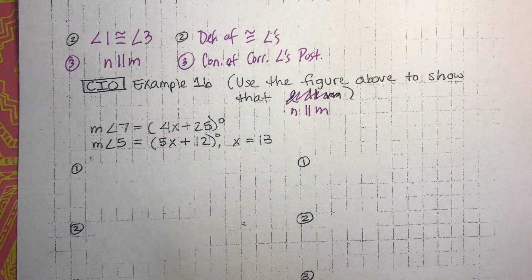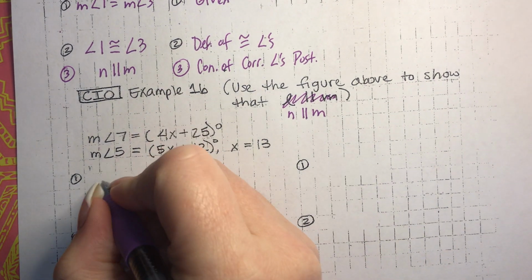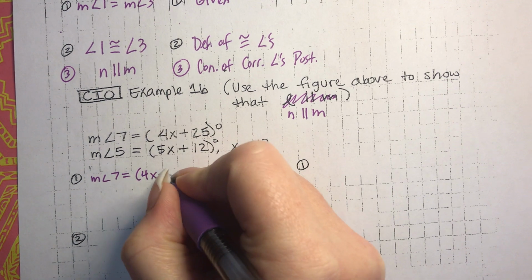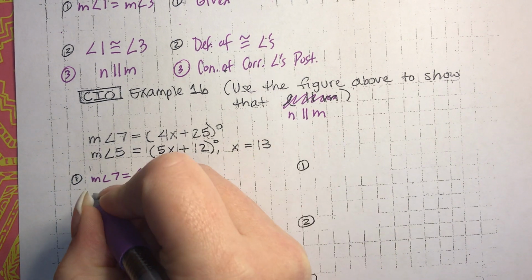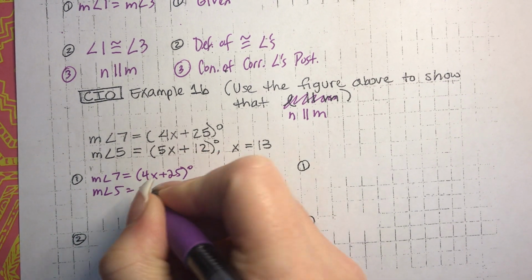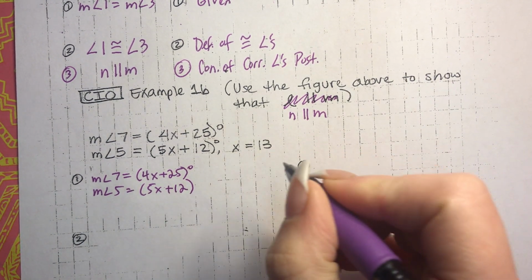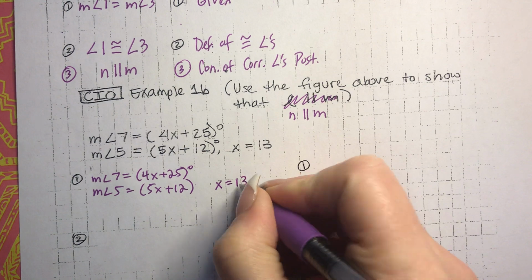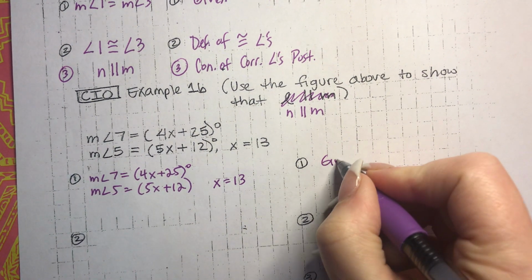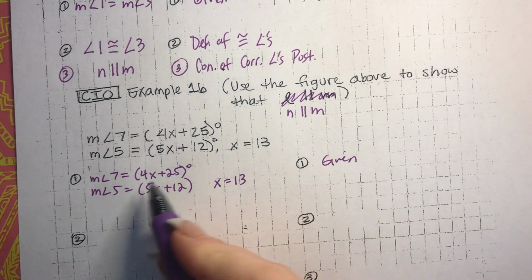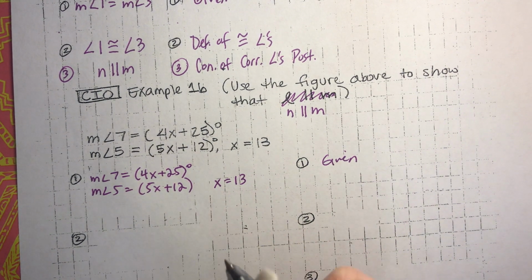All right, let's see how you did. First, I'm going to write down all this given information. And then right here, so that's given. And then I'm just going to start substituting this in.